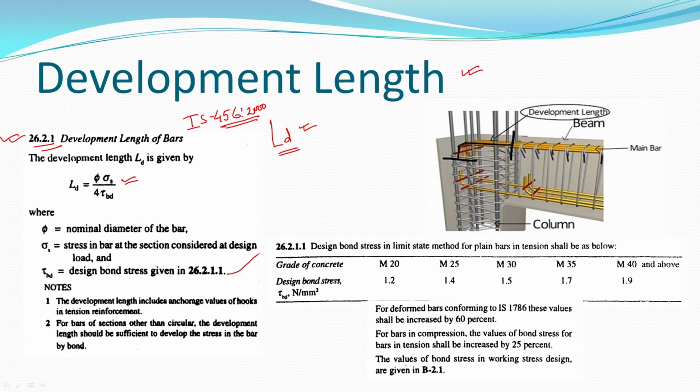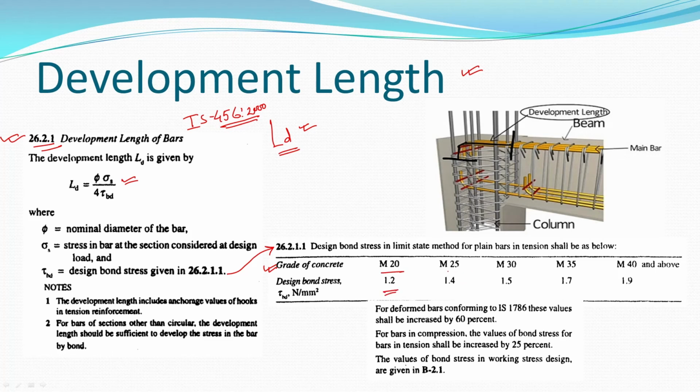Which I have pasted here. Look here. As per 26.2.1.1, the design bond stress in limit state method for the plain bars in tension shall be given as below. So here you can see the grade of concrete and the design bond stress, that means tau BD in Newton per millimeter square, is given with respect to the grade of concrete. So for M20 the tau BD value is 1.2.